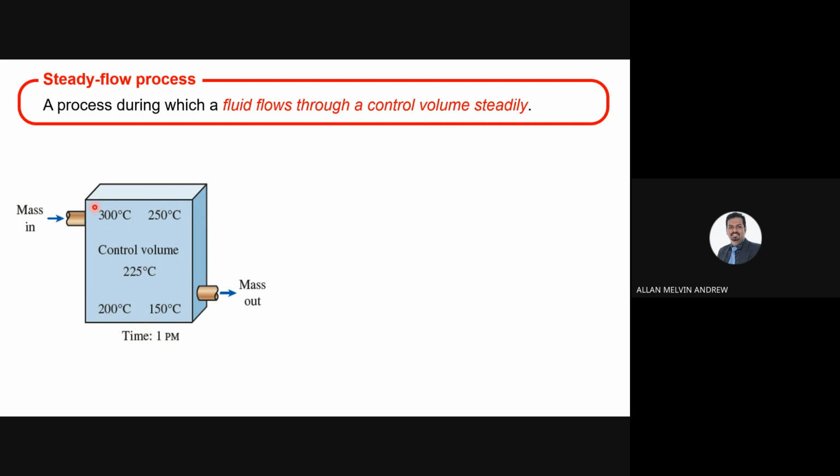And you see the control volume, it is not having a thermal equilibrium yet. So here 300 degrees Celsius, here 250, here 200, 150. So maybe the mass entering is a bit hot, and when you go out of the system, it's becoming cold. So maybe this is a heat exchanger.